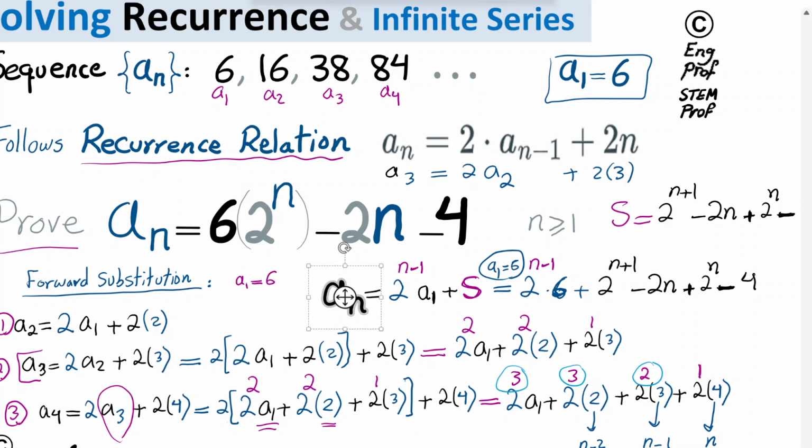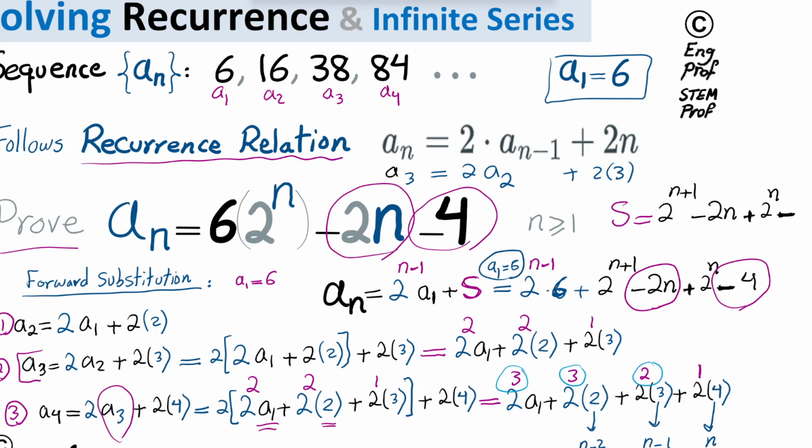There you go. We found the value for a_n, and we have clearly here this component, which is matching this guy. We have minus 4, which is matching this minus 4. And then 6 times 2 to the n minus 1 plus 4 times 2 to the n minus 1.